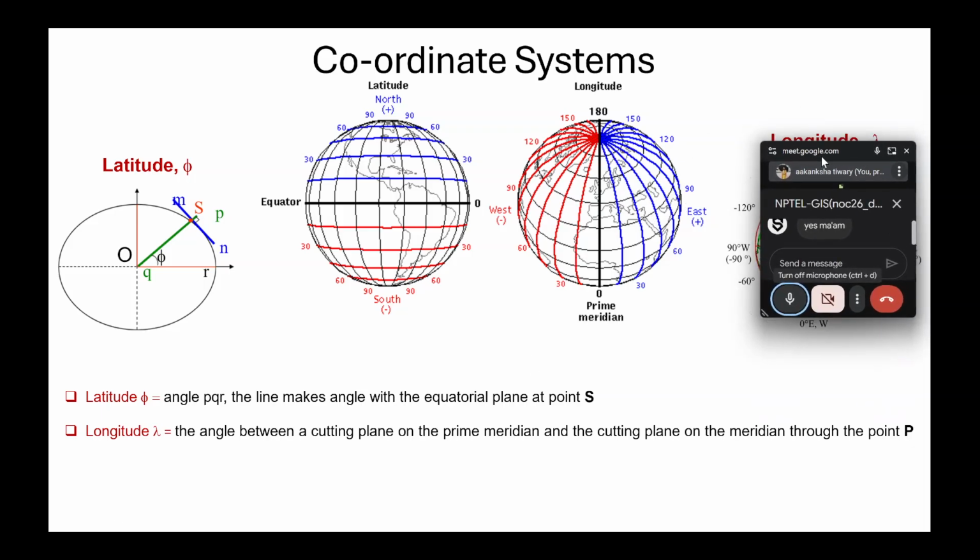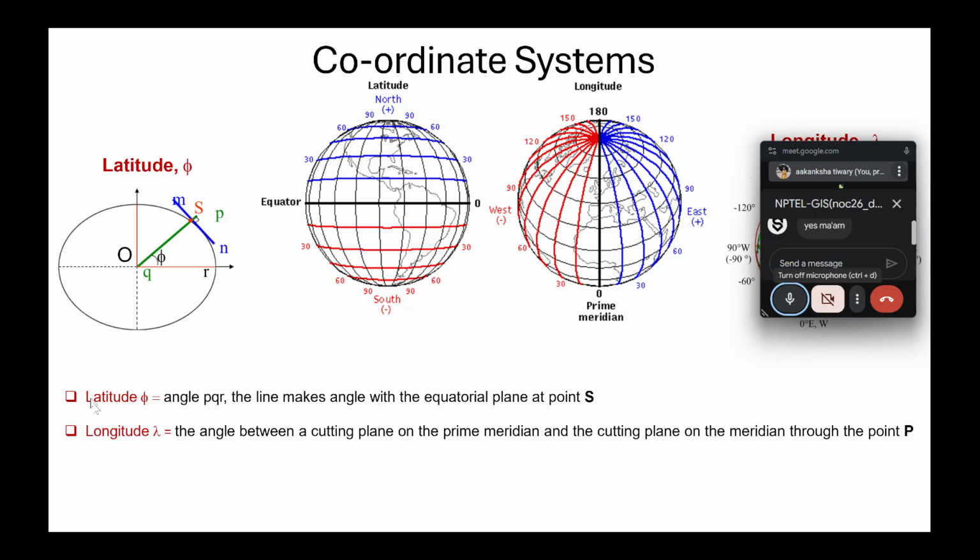Okay, so this is something that we are going to revise one more time. So coordinate system. Basically you can see this is a 3D representation of the Earth. And for our reference, we have made these latitudes and longitudes so that we can refer to any location in a 2D map.